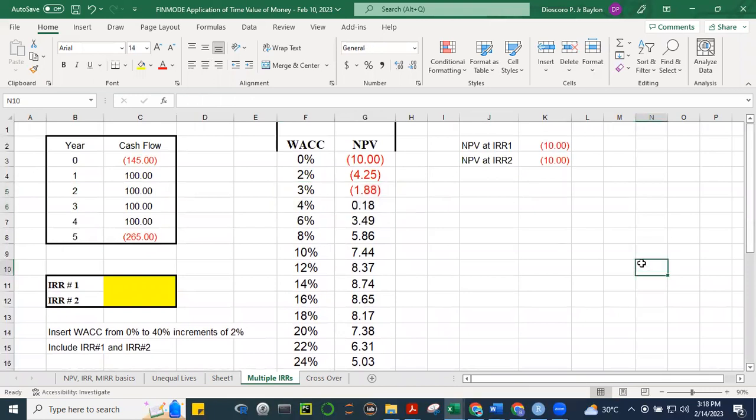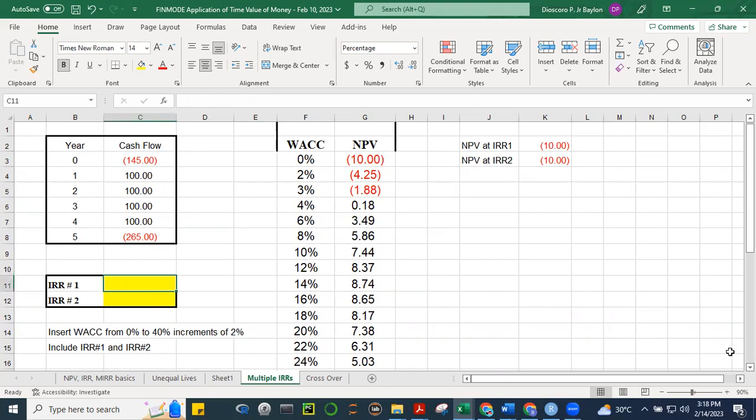We know that the IRR is that rate of return where the net present value is 0. Do you recall that, class? So let's compute for the IRR.